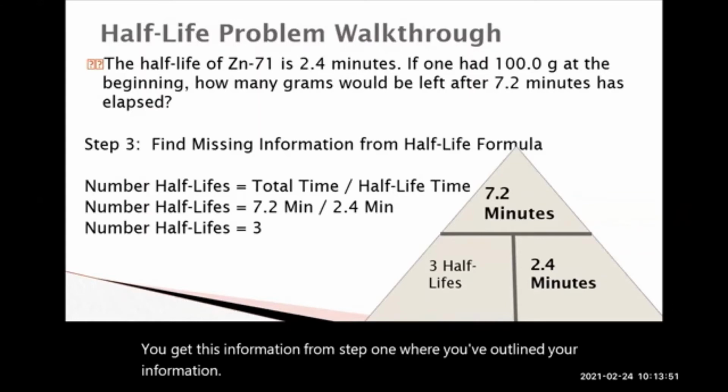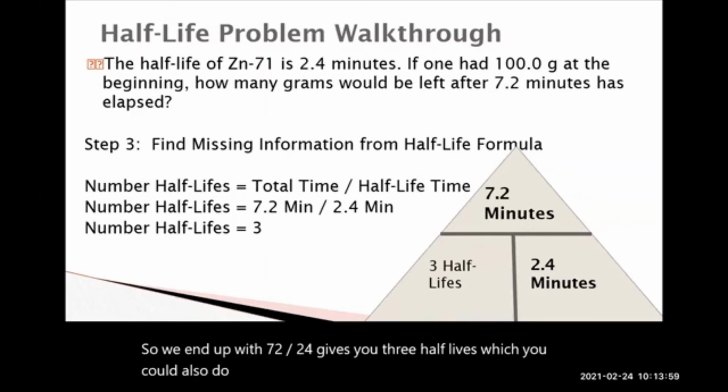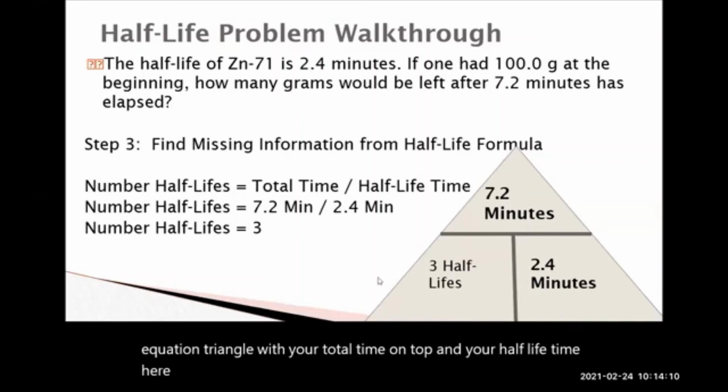So 7.2 divided by 2.4 gives you 3 half-lives. What you could also do is plug it into your half-life equation triangle with your total time on top and your half-life time here. It leaves you the formula, and you're able to complete the triangle with 3 half-lives.